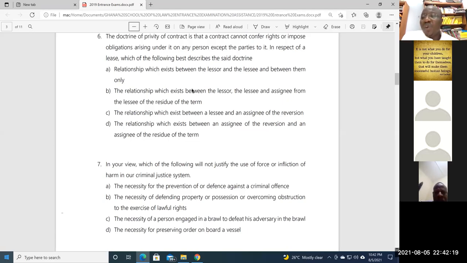So in the light of what I have said, which of these three scenarios brings out privity in the context of a lease? You have to reconsider some of the answers that we give.